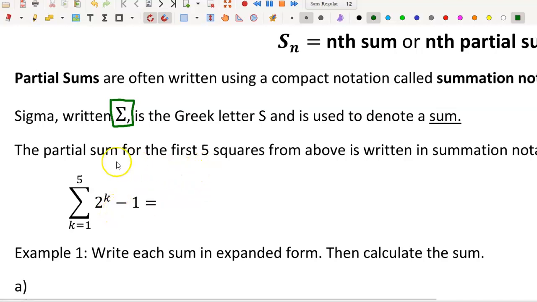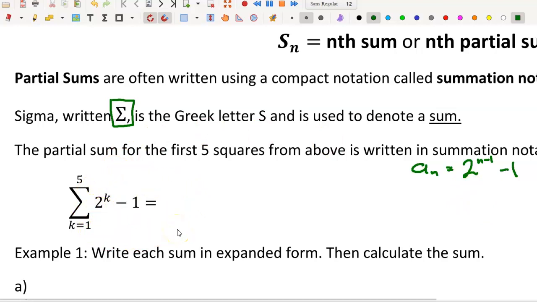I could rewrite this problem like this: a sub n equals 2 to the n minus 1. And I could tell you what the first term is, and you could just plug in 1, plug in 2, plug in 3, plug in 4, plug in 5, get all those numbers just like you did on your previous homeworks, and then add them all up. That's what this symbol and this whole thing means.